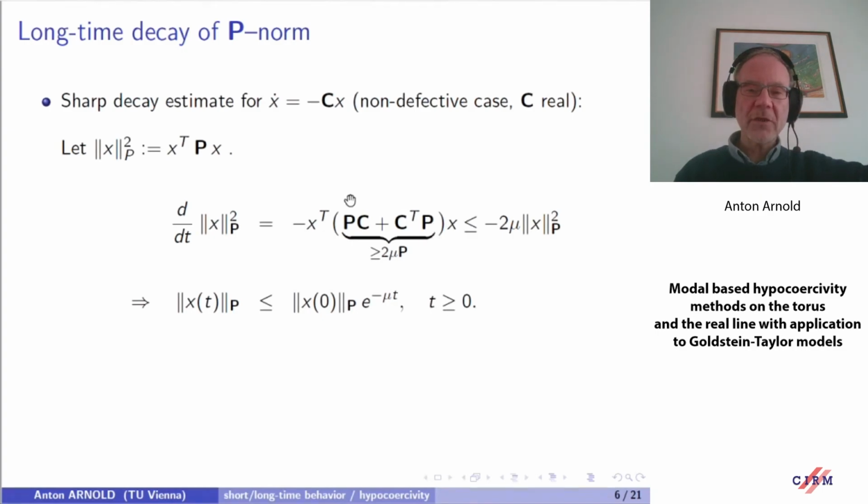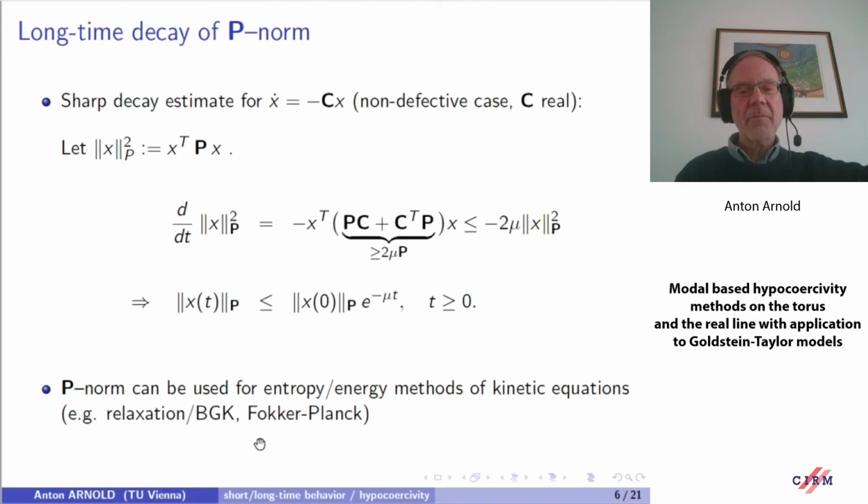So for this combination of matrices, we have the Lyapunov inequality, so we can estimate this by 2 mu times the matrix P itself. So we are back to this modified norm, and we have this exponential decay estimate. So let me mention that strategies like this have already been used for BGK or Fokker-Planck equations.